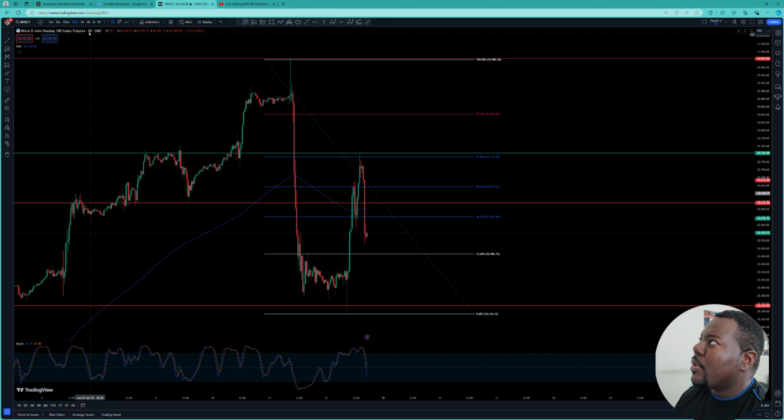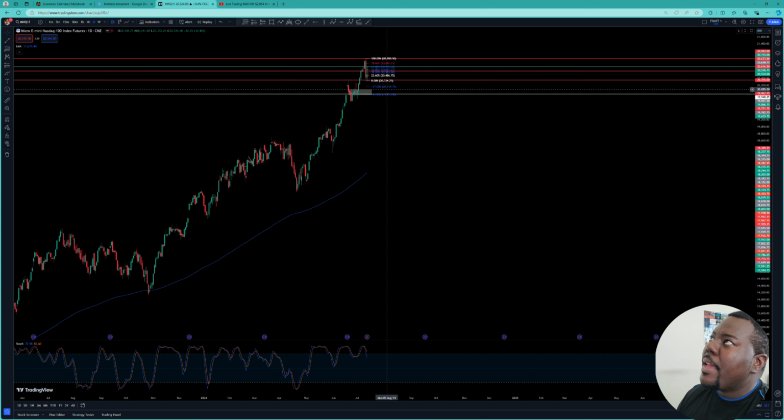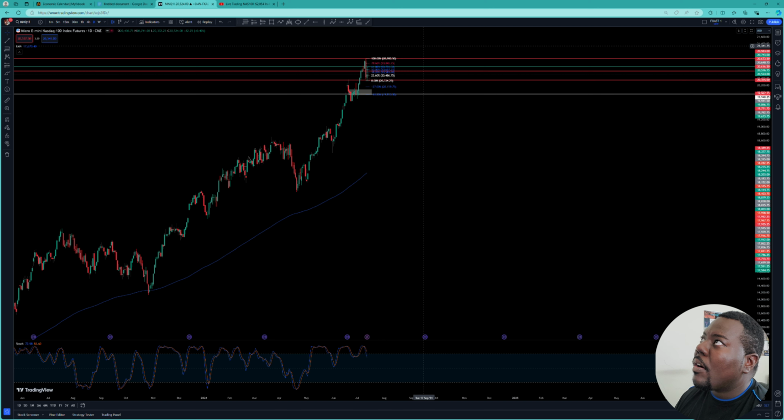Price could just be retracing back to retest this low here before continuing to push back up and create another high, another all-time high, or it could be breaking down to break these lows, and the trend could be changing. But for the immediate right now, I'm looking for more sells this week, just because of what we have here, as price might be coming back to retest here before continuing to push back up.